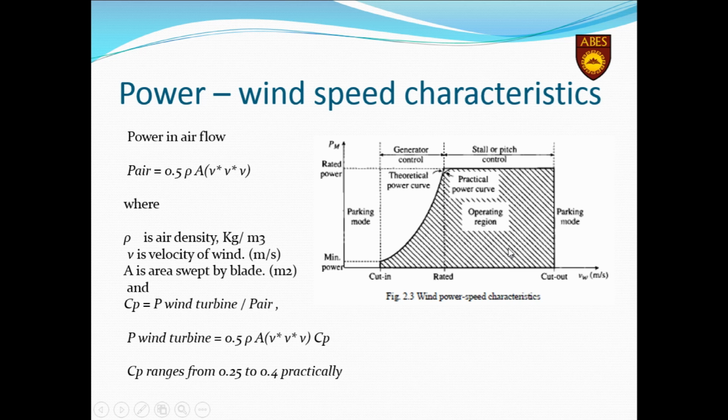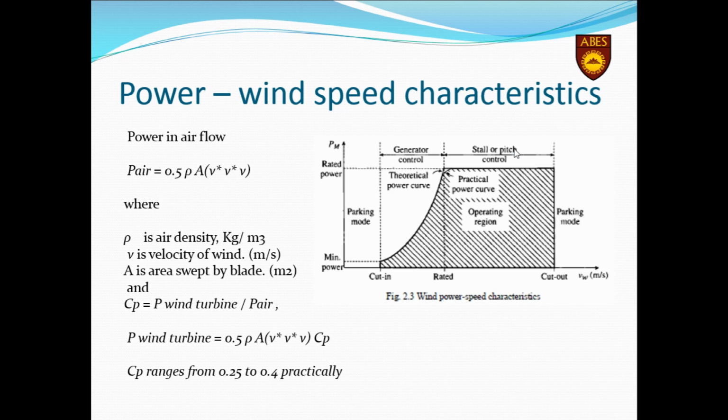In this characteristic, the operating region in the pitch or stall control, what we do in this particular control, as the wind strikes over the blade, is made to move either into the direction of the wind or out of the direction of the wind.